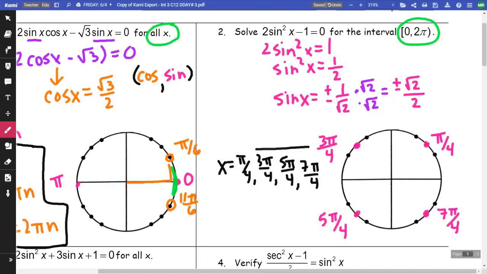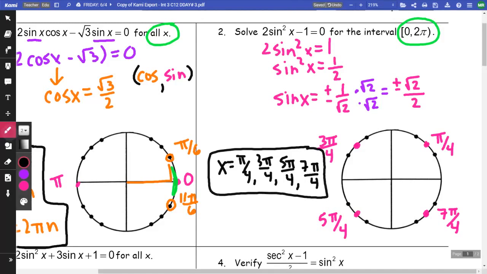If this was a problem where they had said for all and did not want just one time around the unit circle, what you can see is the distance from pi fourths to 3 pi fourths is 2 pi fourths. This is 2 pi fourths. This is 2 pi fourths. This is, again, 2 pi fourths.